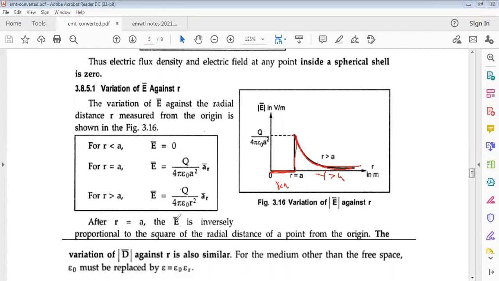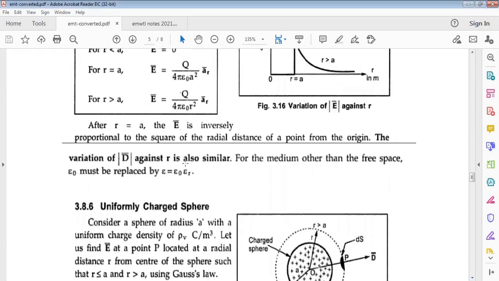After R equal to a, E bar is inversely proportional to the square of the radial distance of a point from the origin. Got it, my dear? So we get the characteristics like this for the three cases we assumed. The variation of D bar is again the same, with epsilon naught multiplied.